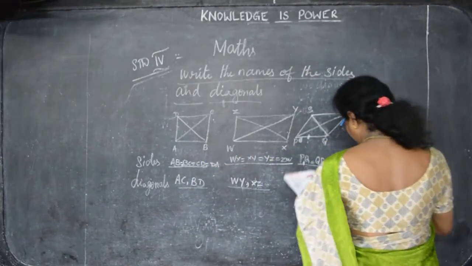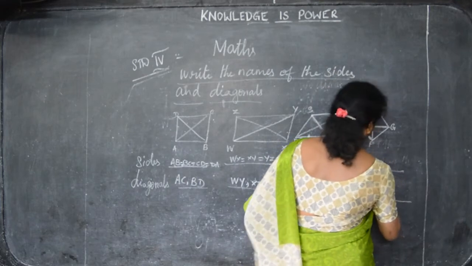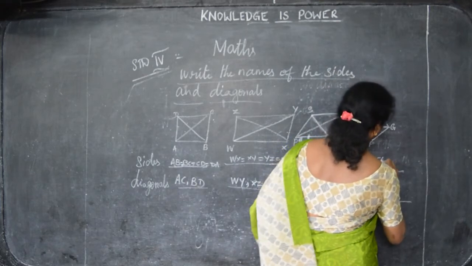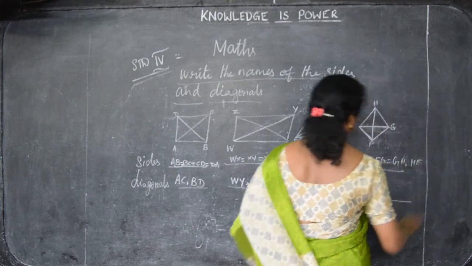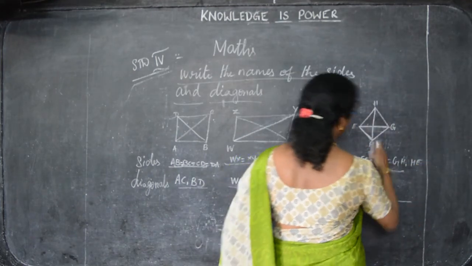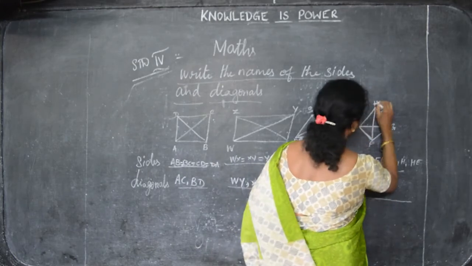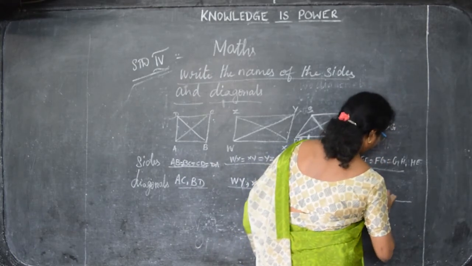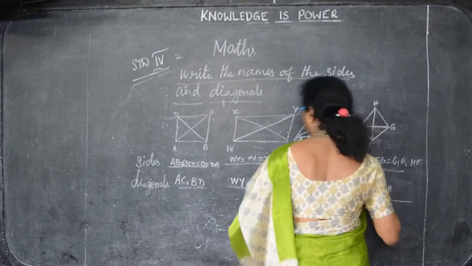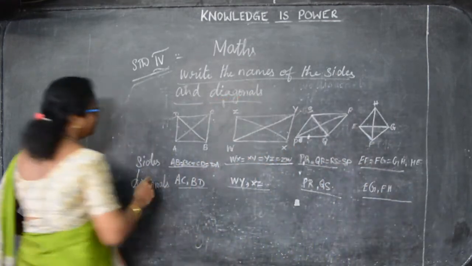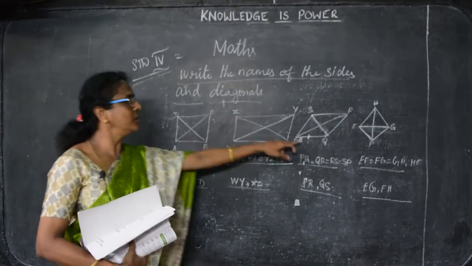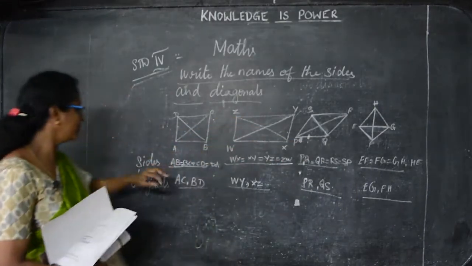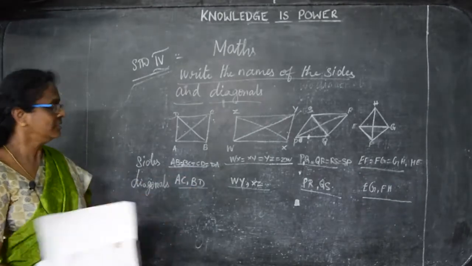And this one, EF equals FG equals GH equals HE, so the diagonals are EG and FH. So for the square, rectangle, rhombus and parallelogram, these are the sides and these are the diagonals.